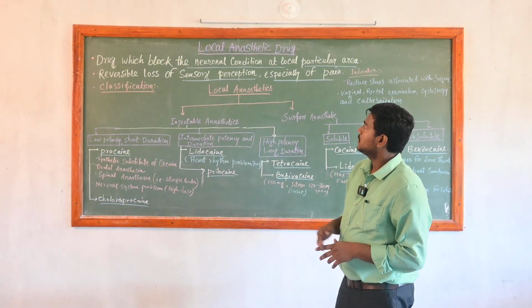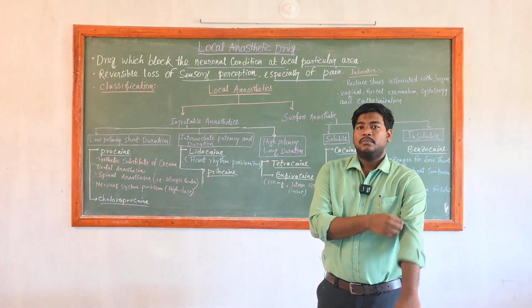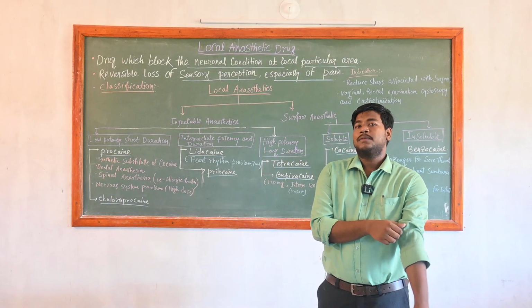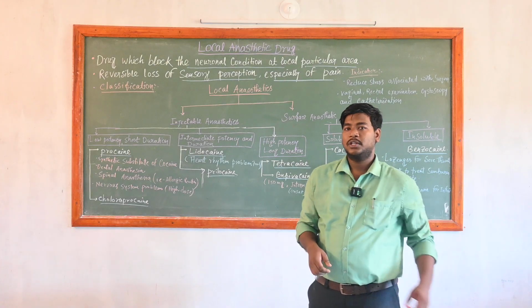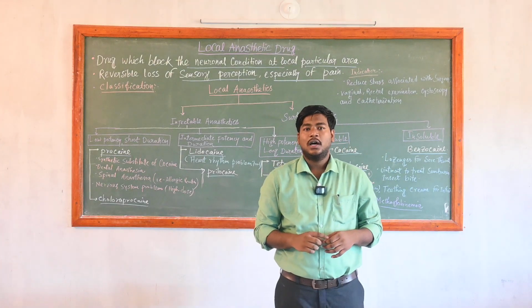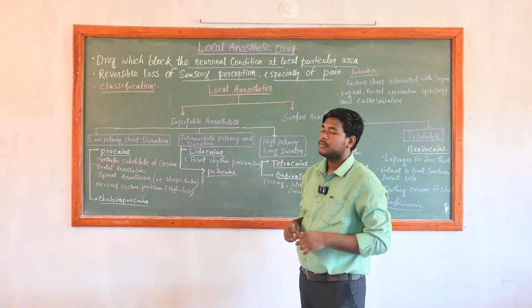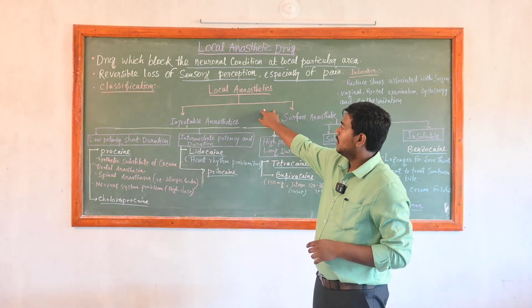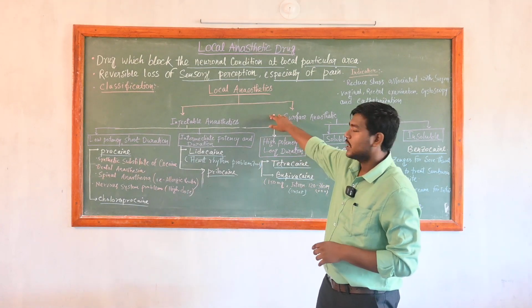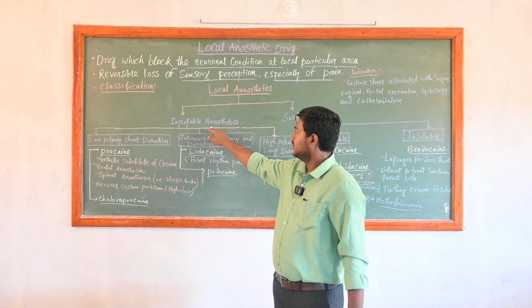That means by using the local anesthetic drug, it blocks the signal of pain to the peripheral nervous system, so that the particular part of the body becomes insensible and the patient cannot feel the pain.